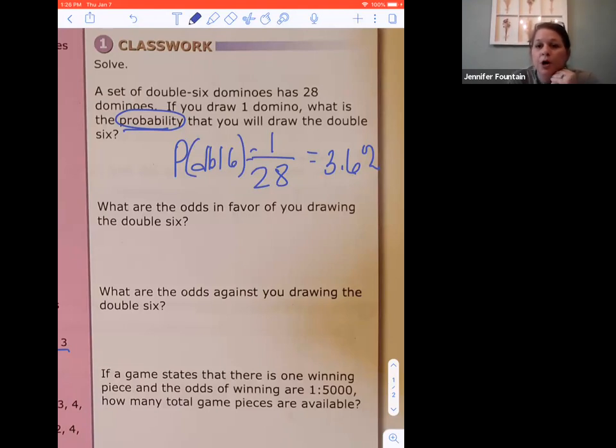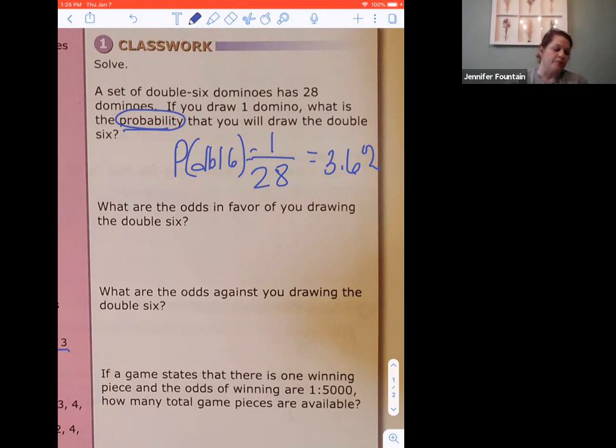So going forward, unless there's a time where I say do not use a calculator on this, y'all are okay to use a calculator. So in this situation, if your directions told you to express your probability as a percent, go ahead and write a fraction and then put equals, and then you could get your calculator and do 1 divided by 28 and then convert that to a percent.